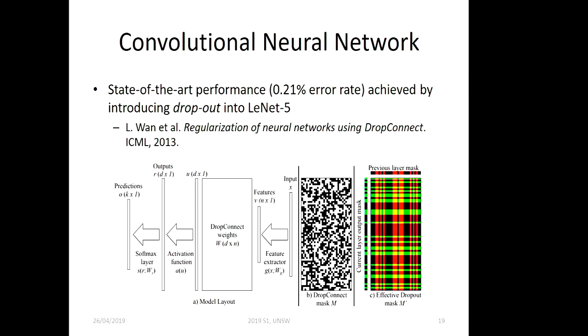It's a very simple idea, but it works really well and improves the error rate to only 0.21%. I think ever since then, the performance has pretty much saturated. So people have moved on to other types of applications and developing more and more complicated neural network models.